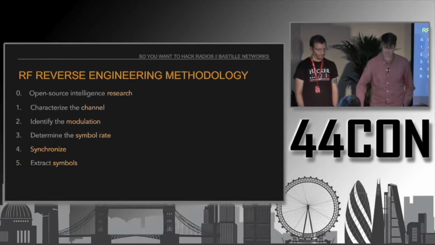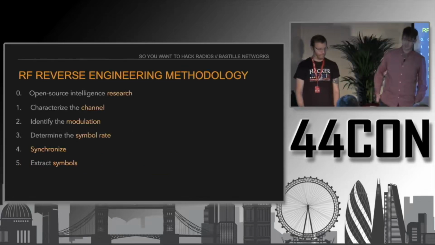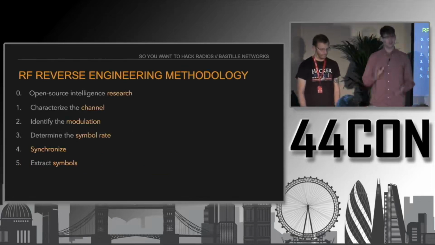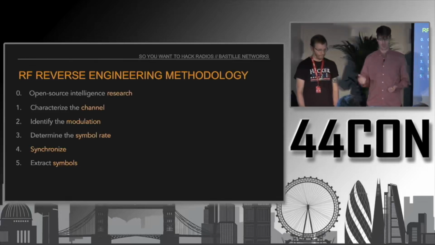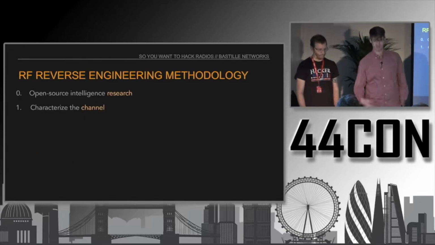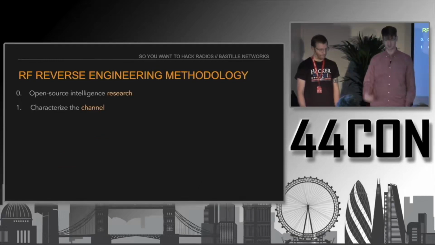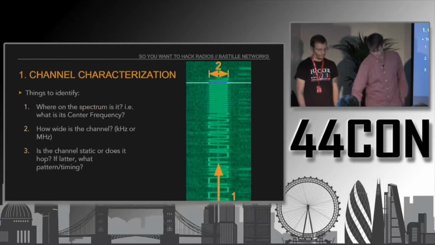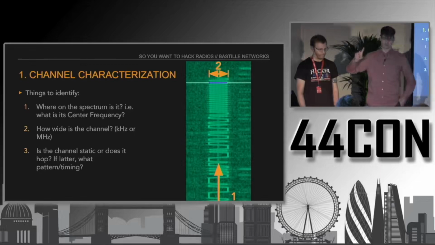So just to recap our methodology briefly, we essentially identified 6 steps that we can use to reverse engineer just about any low complexity wireless system. We're always going to start with open source intelligence research because that's going to make our lives quite a bit easier once we actually get into the weeds. But step 1 of the applied bit is characterizing the channel. There are going to be 2 elements that we're looking for here.